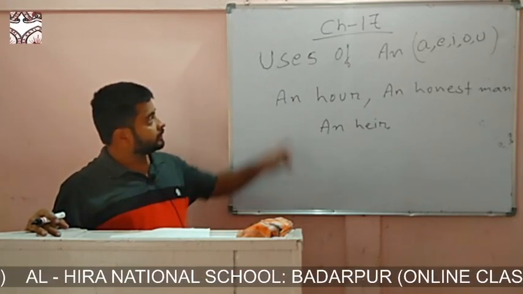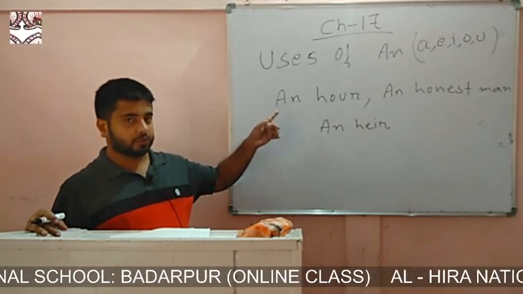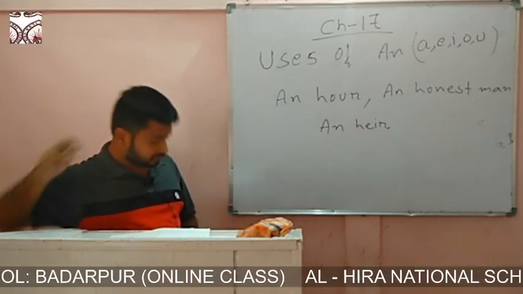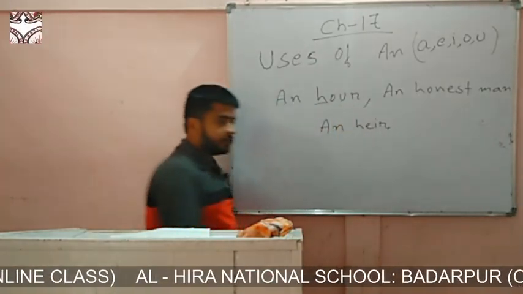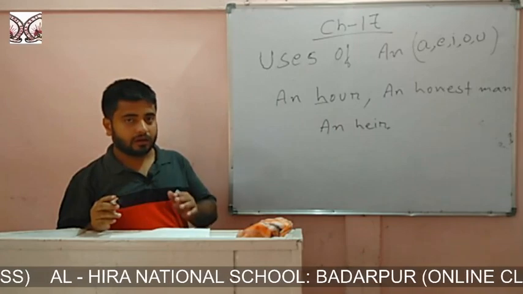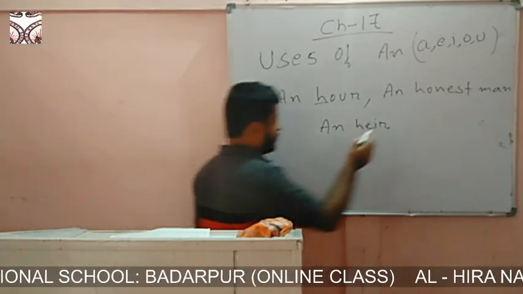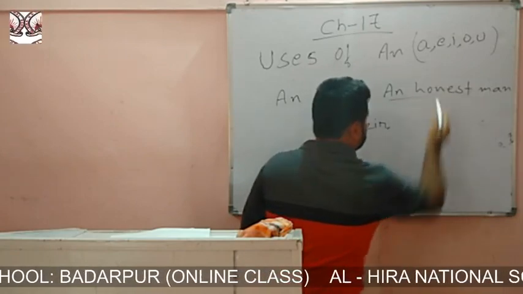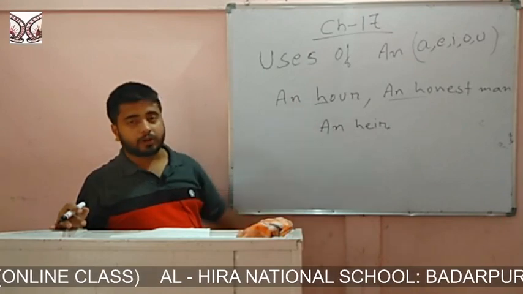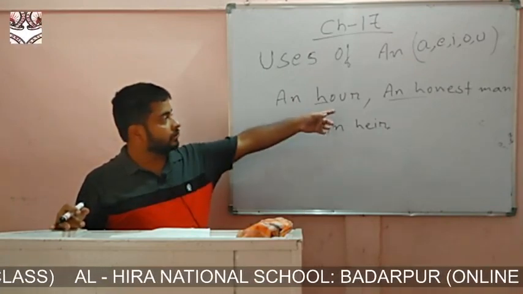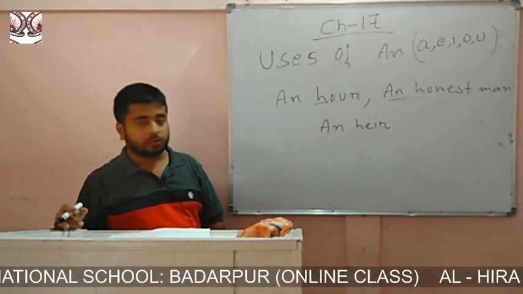See it. Our second condition is if the word starts with a silent h. Here we know that h in "hour" is silent and the pronunciation is "our", an a sound is coming. So we have written "an". Here you can see we don't pronounce the h in honest or in hour.